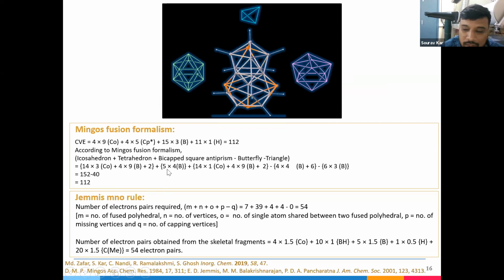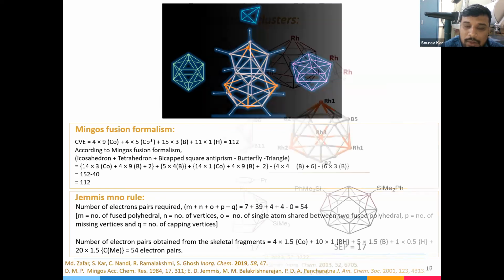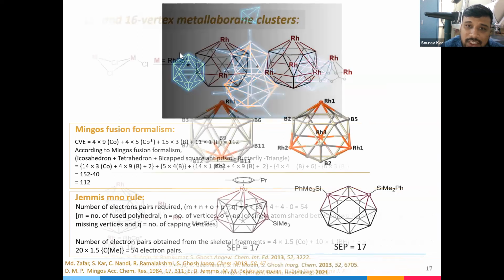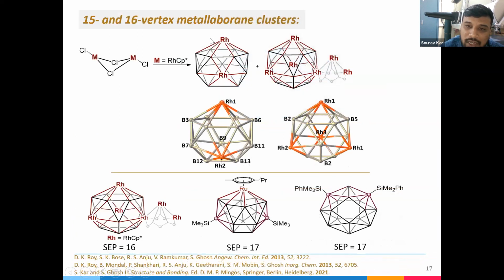The calculation is shown here. After that, we moved to the rhodium system, where indeed we were able to isolate, utilizing the same methodology proposed by Fehlner for the monoborane pyrolysis method with metal chloride, the first ever 15 and 16 vertex metalloboranes.